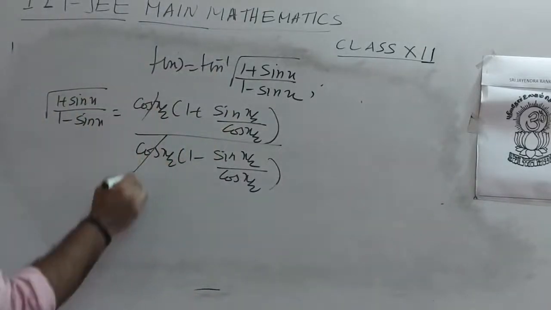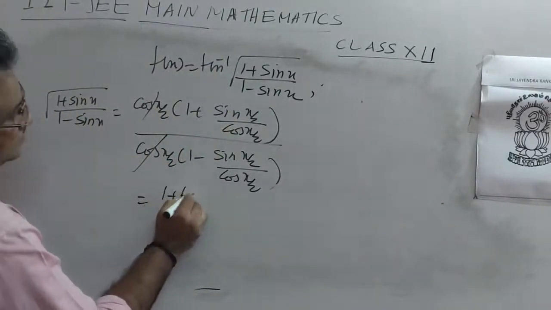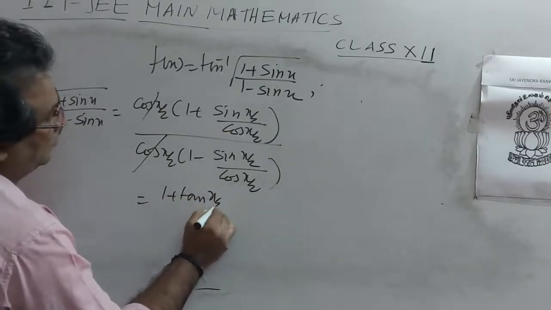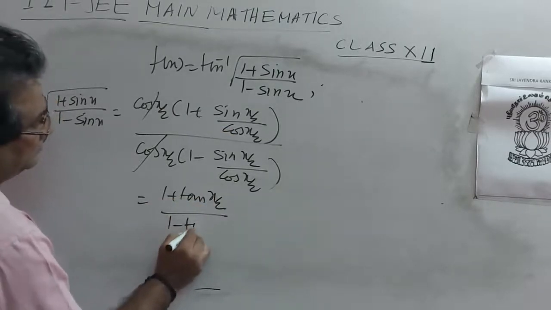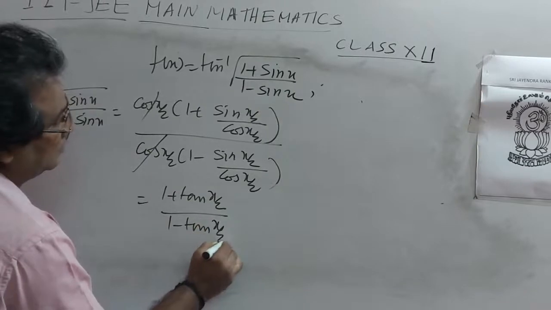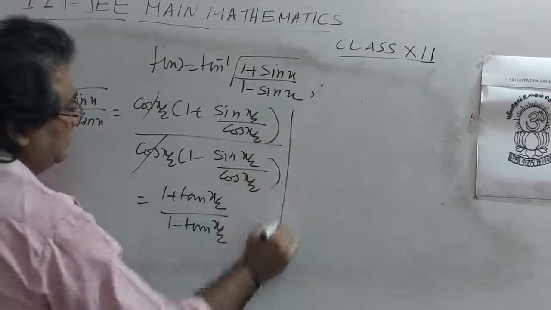The cos x by 2 will cancel, giving 1 plus tan x by 2 over 1 minus tan x by 2.